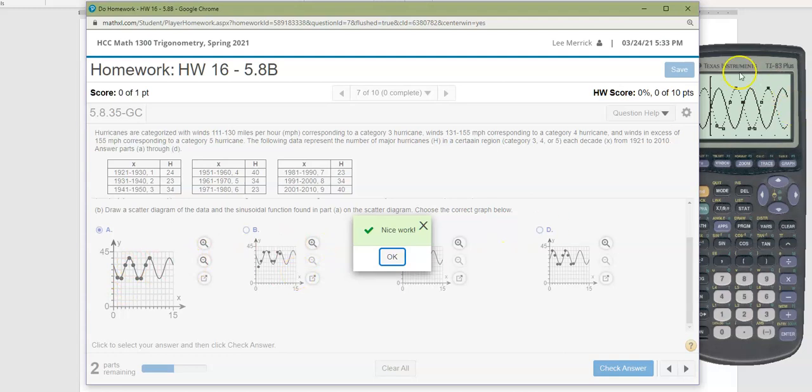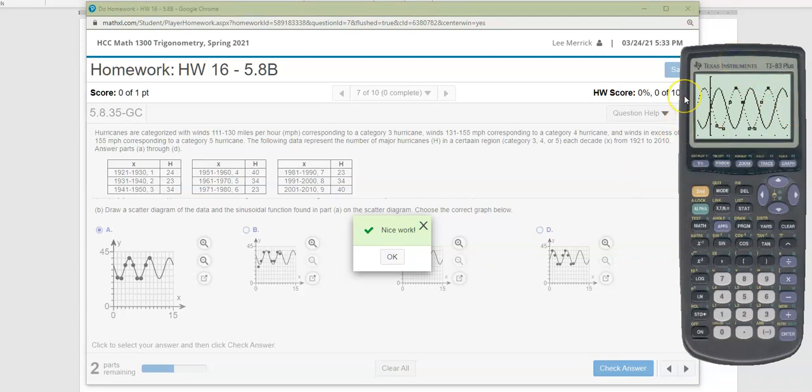And I really like being able to overlay. If it's a little too busy for you, it's certainly easy to go back in and turn off the solid one, because that was the one without the horizontal shift. And go ahead and graph that again.